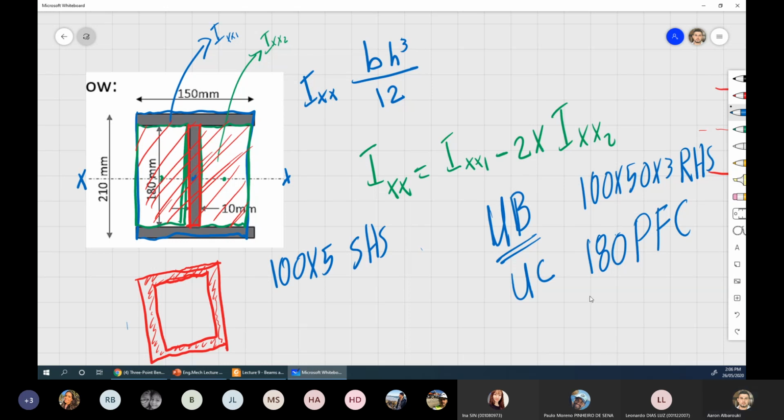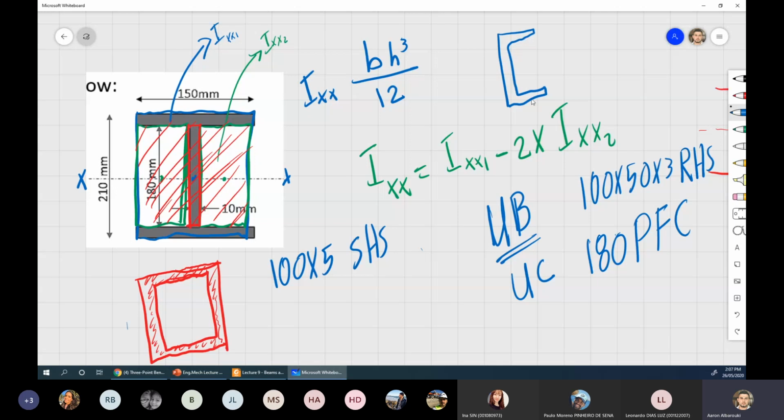PFC, let me make it simpler. Something with column. Parallel flange something. Okay, that's good. Leo, parallel flange channel. Yeah, that's right.